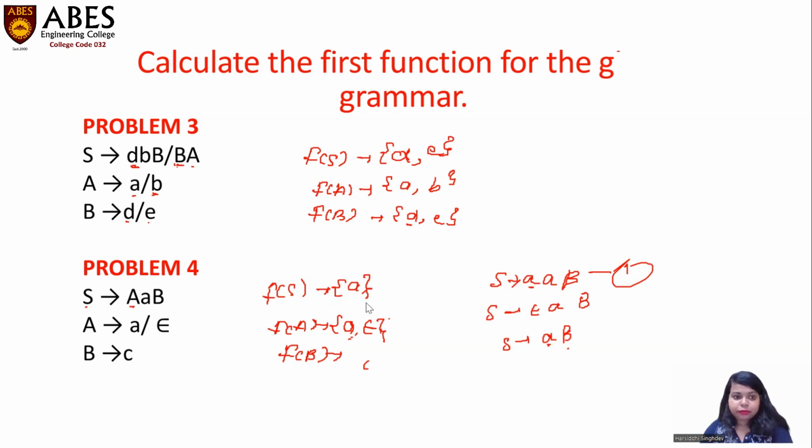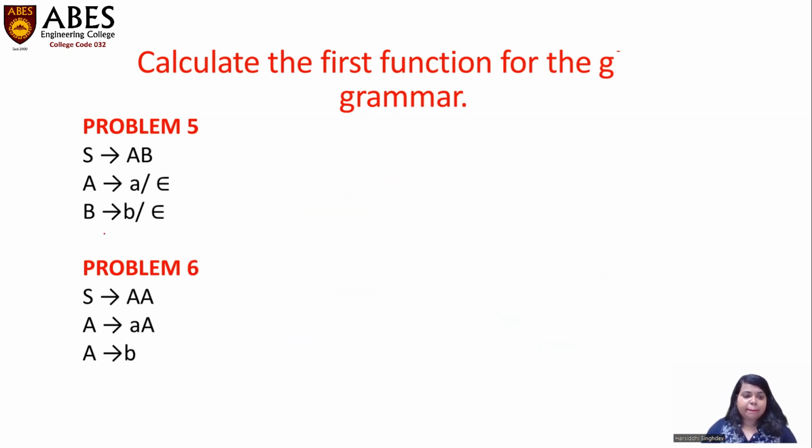Okay, class? Now, in the fifth example, when we solve it, first of B will be either b or epsilon. Now, first of A. First of A will be a or epsilon. Now, first of S. Now, watch carefully. Here, S is a starting symbol and A is a non-terminal symbol.